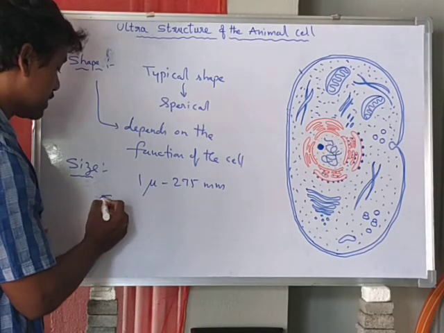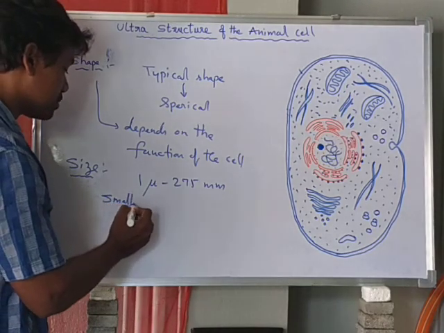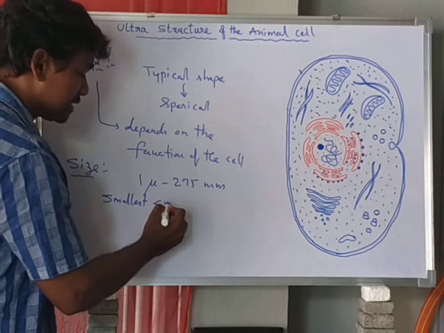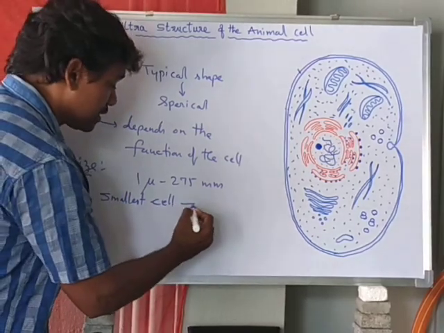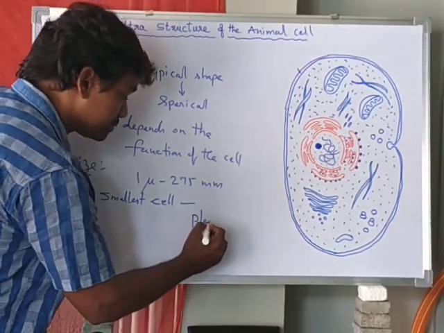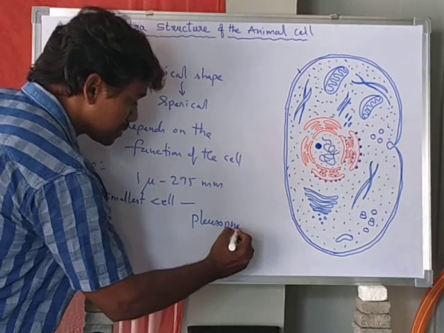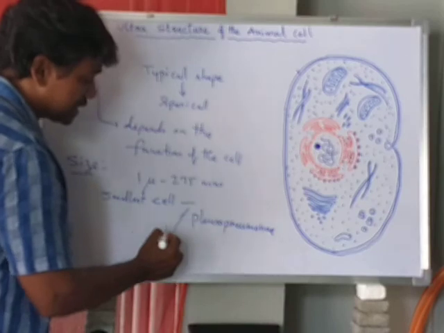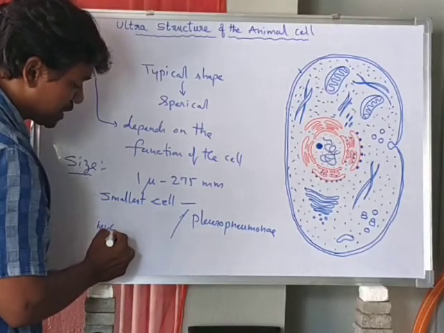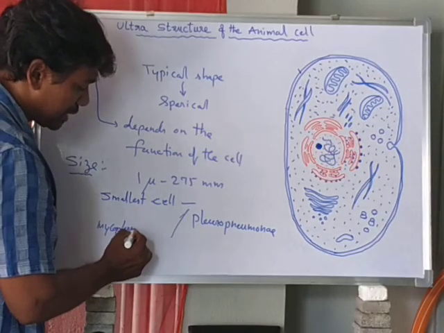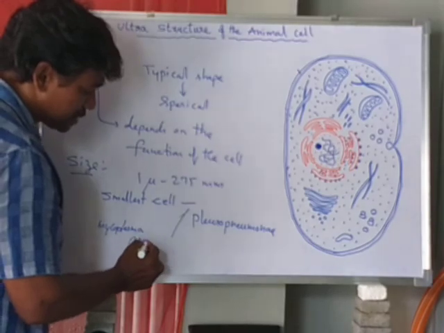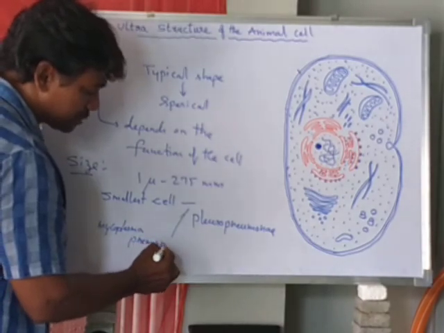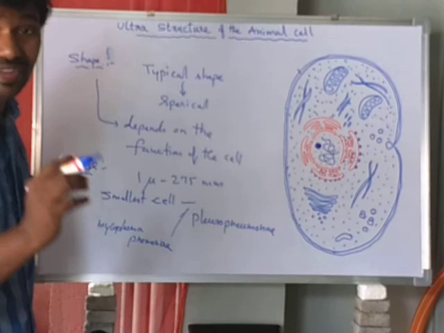The smallest cell is pleuropneumoniae, also called mycoplasma pneumoniae.